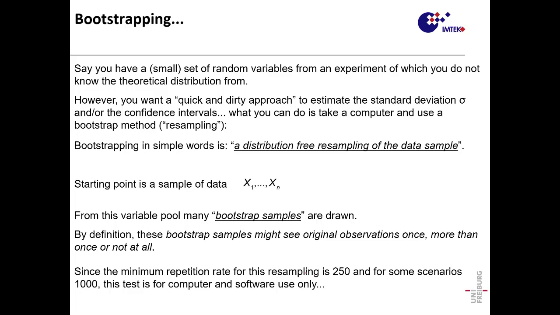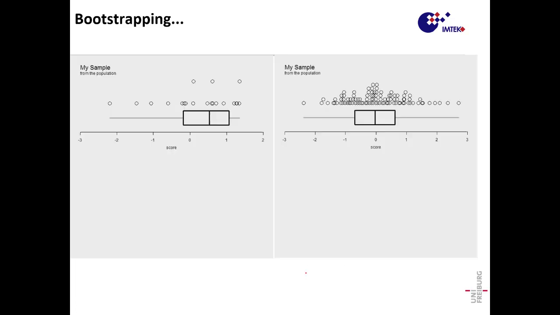I have two videos here that show what it does, but let's say that we have 20 points. You were only able to collect 20 points, and you have the dot plot here and the box plot there. You see that the median is around here, and then you have the lower and upper quartile. The idea is that you have to draw exactly the amount of data that you already have.